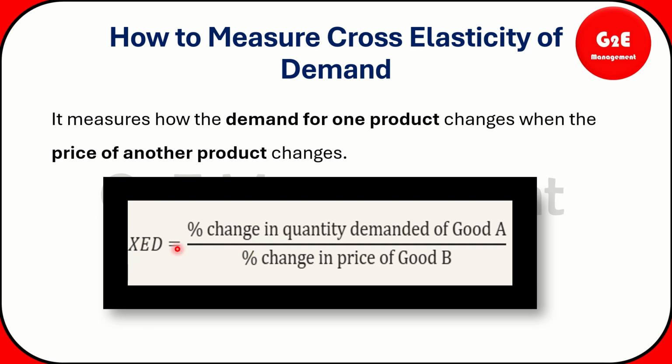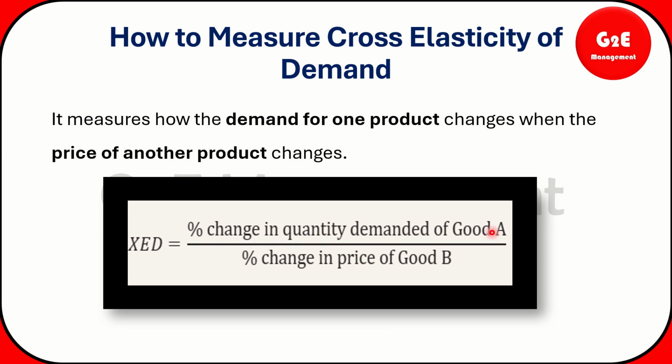Cross elasticity of demand has the symbol XED. Here, quantity demanded comes as the numerator, and the percentage change in price comes in the denominator.